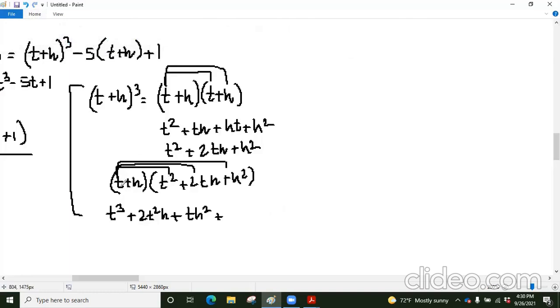So t cubed and then 2t squared h and then th squared.